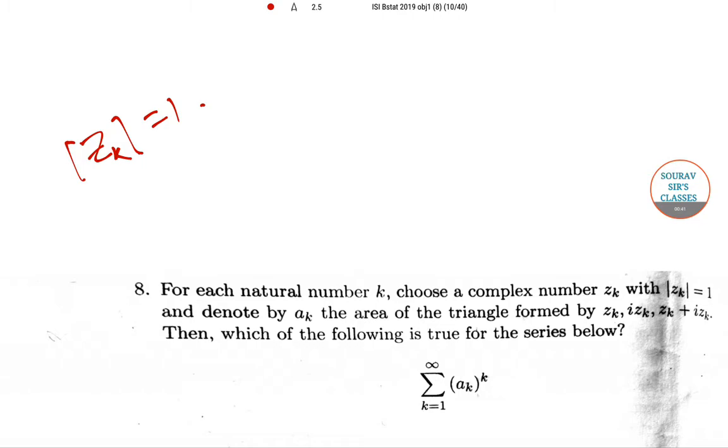And denote by Ak the area of the triangle formed by zk, i zk, and zk plus i zk. These are the 3 points of the triangle.